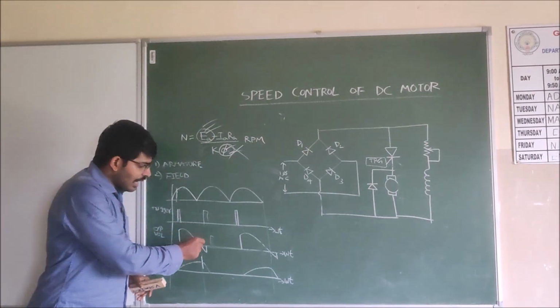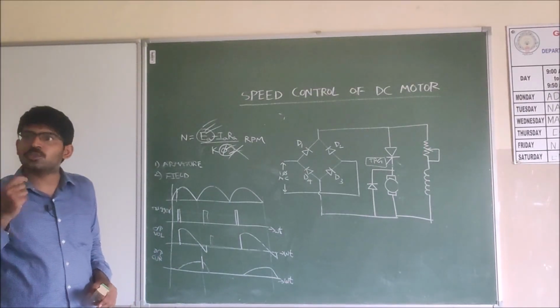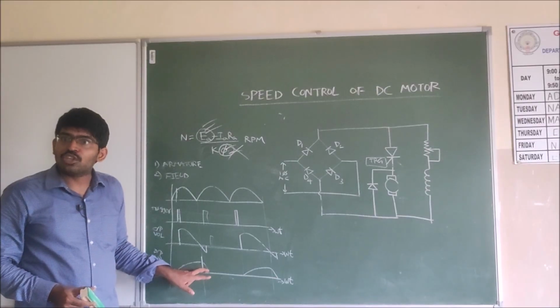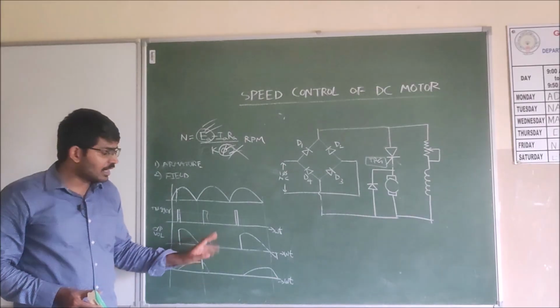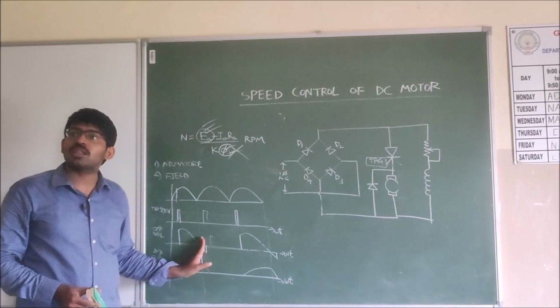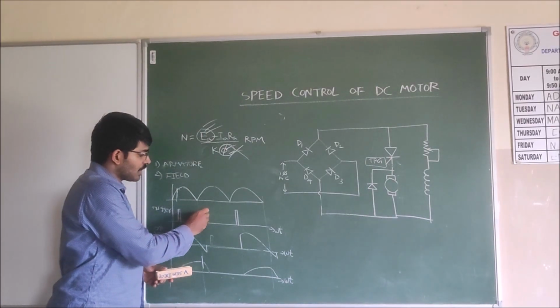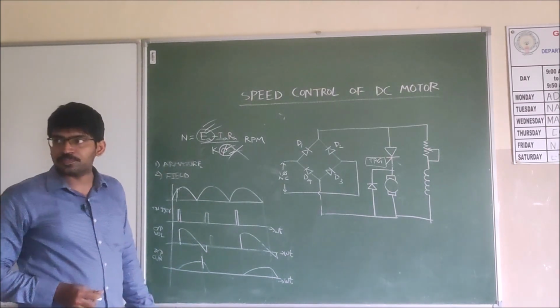That's why, until the voltage and current become zero, we should not give the triggering pulse immediately after the SCR is turned off. We maintain some gap and give the triggering pulses after a certain point.